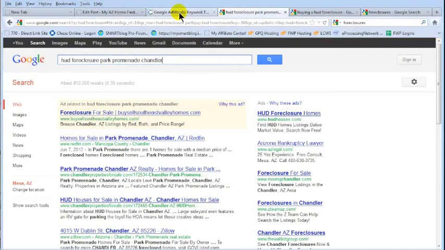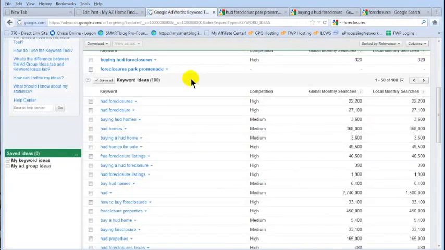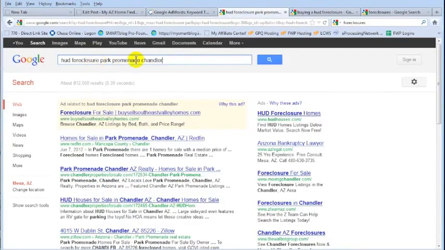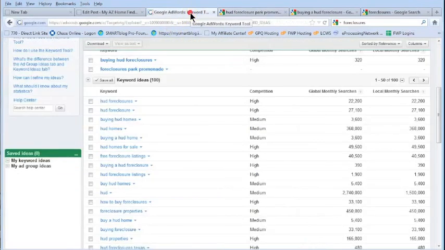We probably aren't going to get useful information out of here, but I could take HUD, combine that with my area, and have a better shot at coming up than if I just did HUD or if I just did Park Promenade. Combining keywords and putting those into titles is a good way of getting that specific article found and indexed.